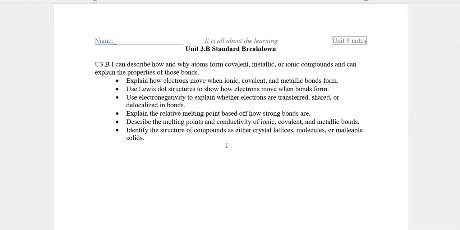You need to use electronegativity, which we've been talking about, to explain whether electrons are transferred, shared, or delocalized in bonds. You need to explain relative melting point based off how strong bonds are, and describe the melting points and conductivity of ionic, covalent, and metallic bonds. You'll also need to identify the structure of compounds as either crystal lattice, molecules, or malleable solids.